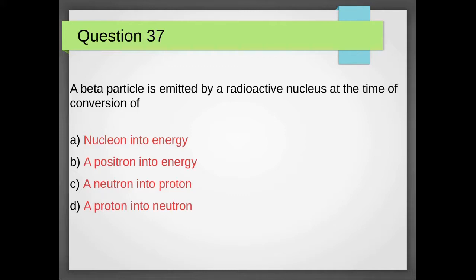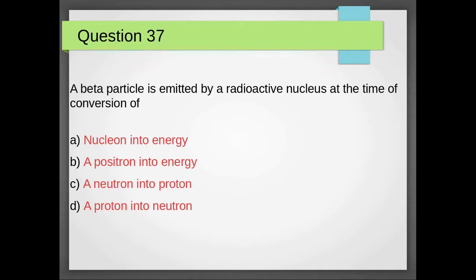Question 37. A beta particle is emitted by a radioactive nucleus at the time of conversion of a nucleon into energy, a positron into energy, a neutron into proton, a proton into neutron.